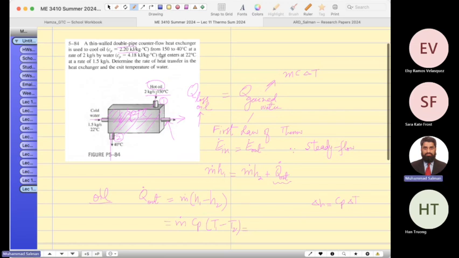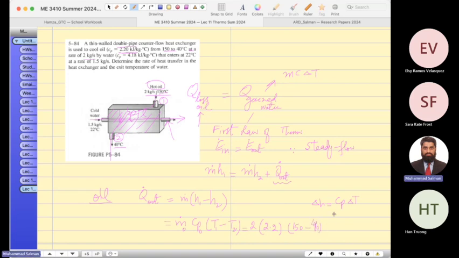The oil flows at a rate of 2 kilograms per second. The oil has Cp of 2.2 kJ per kg K, and T1, the entering temperature, is 150, and the leaving temperature is 40.